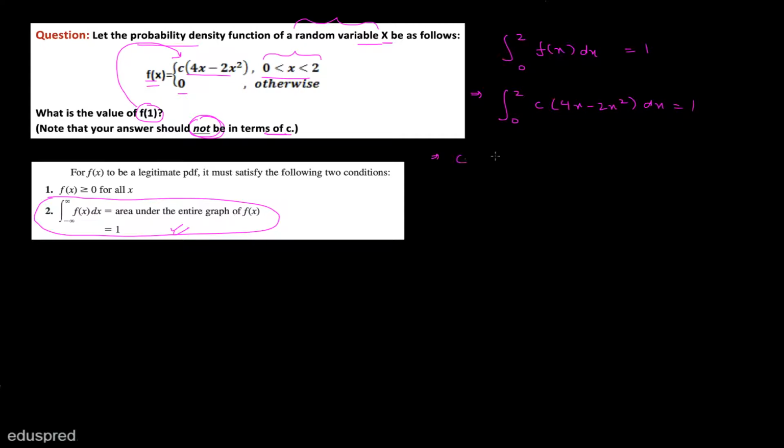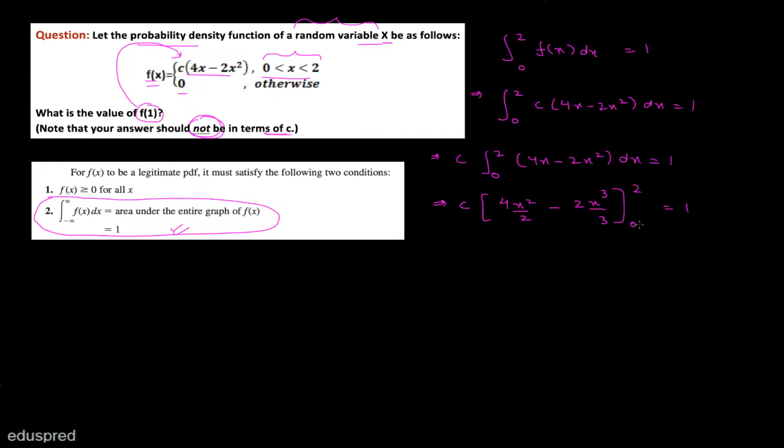So c, and now we just have to integrate 4x minus 2x square dx equal to 1. The integration of 4x is going to be 4x square by 2 minus 2 times the integration of x square, which is x cube by 3. Over here we have 0 and over here we have 2, and this is equal to 1.